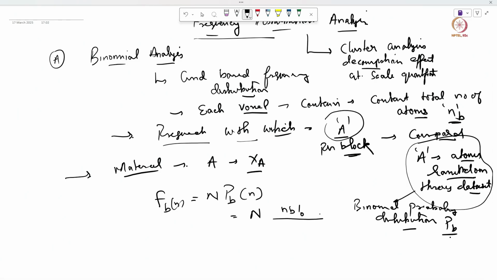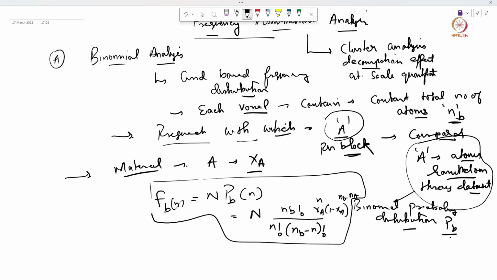This is a mathematical term, there is no need to remember it, but it is just to understand what this binomial distribution is. So this is the term for the binomial distribution of A, which is present as the proportion or fraction XA in the sample or data set. Then the binomial distribution of this particular species A can be given by this formula. Fine.